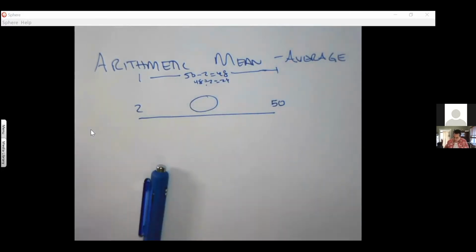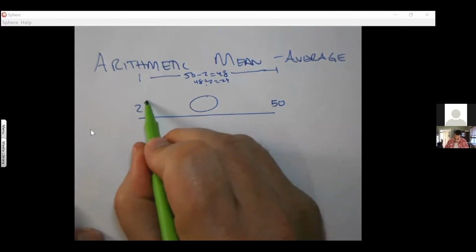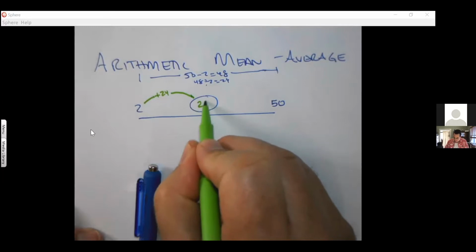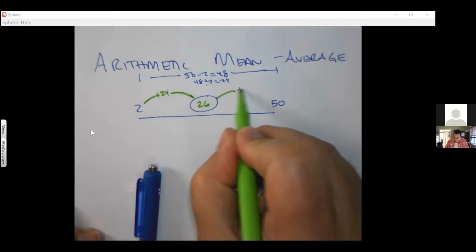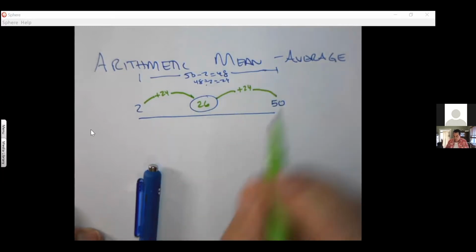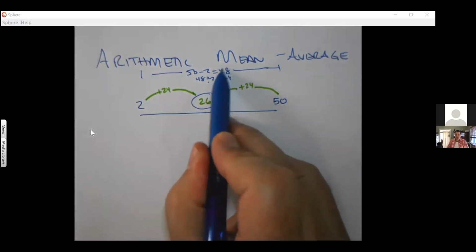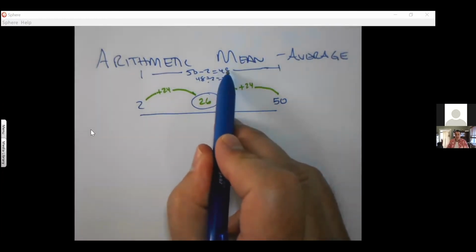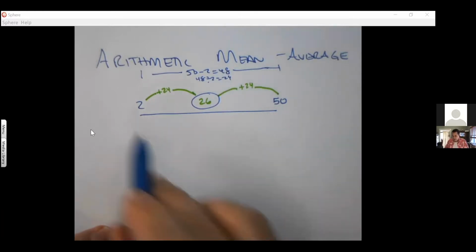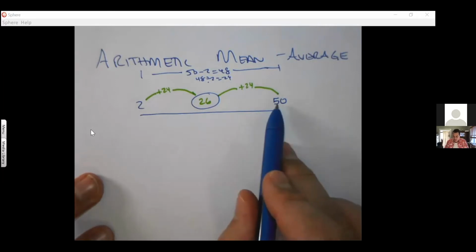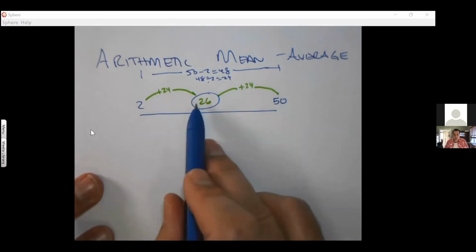And what we're saying is I'm going to take this and add 24 to get to 26. And that leaves me with the ability to add 24 again, the same amount to get back up to 50. In other words, I'm splitting the journey into 2 parts. Now, turns out mathematically there's an easier way to do it rather than subtracting these 2 and dividing by 2 and then adding to the first one.